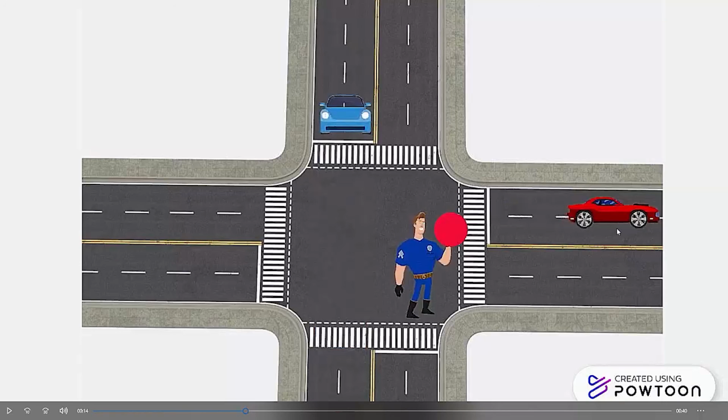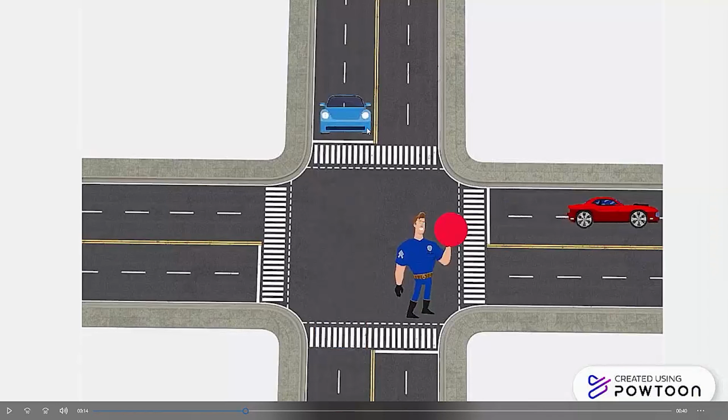Because of that, the turn is now the red car's turn, but it has not even finished the round yet. So the blue car over here has to wait for this car to finish its job in the non-critical region, and only then can this car go.